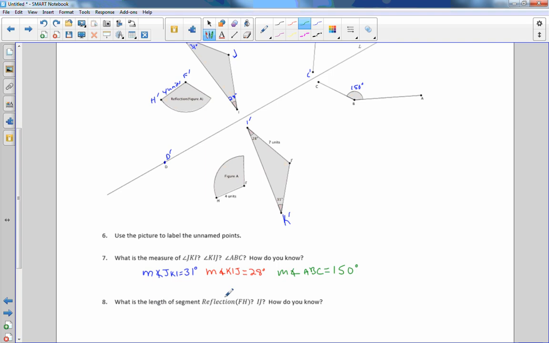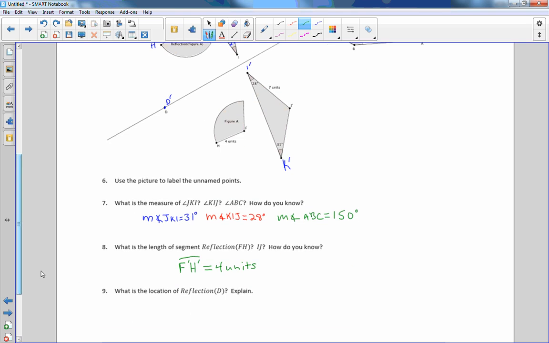What is the length of segment reflection FH? So F prime, H prime. So I would say F prime, H prime segment equals 4 units. What is the location of reflection D?